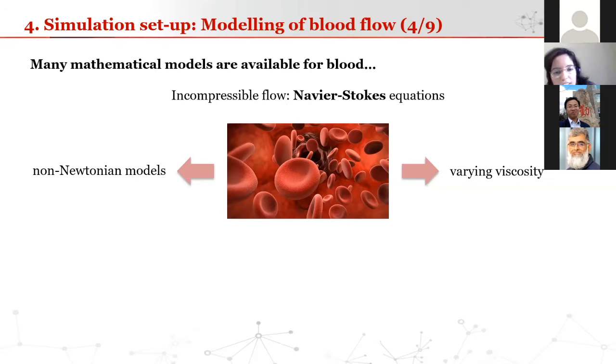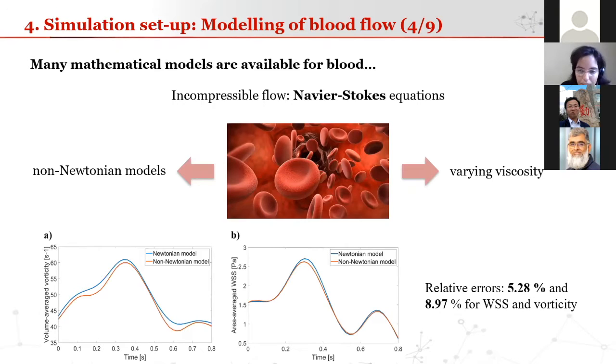The red blood cells, for example, behave differently according to the different stresses that they are subjected to. And because of that, they have different viscosities. So we had to apply a non-Newtonian model to represent their behavior. In fact, we did a comparison between a purely Newtonian model, which is a fixed viscosity model, and the non-Newtonian one, and we saw that there were some differences. So definitely we had to employ a non-Newtonian model in this case.